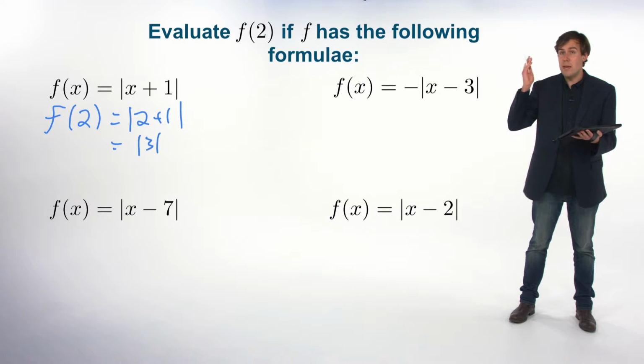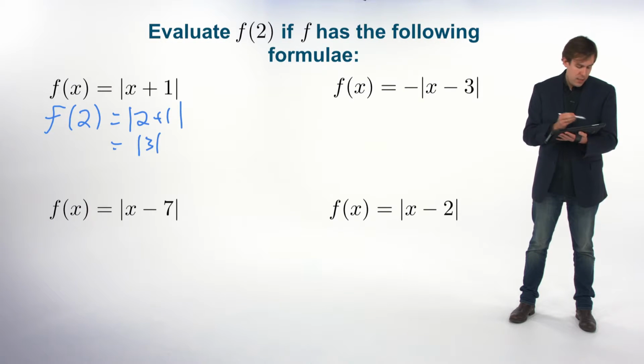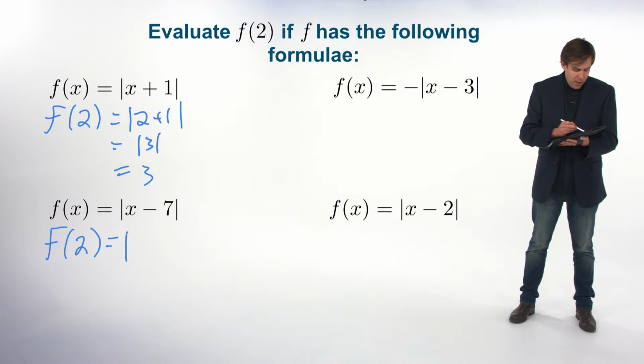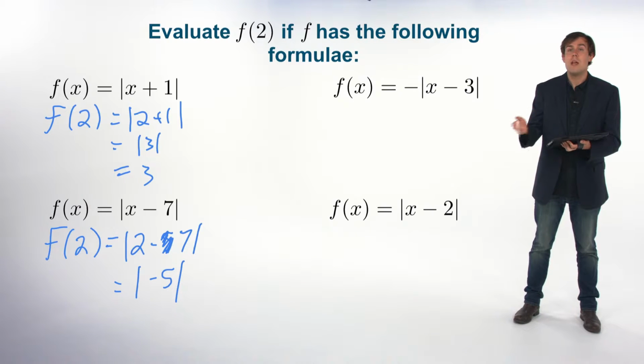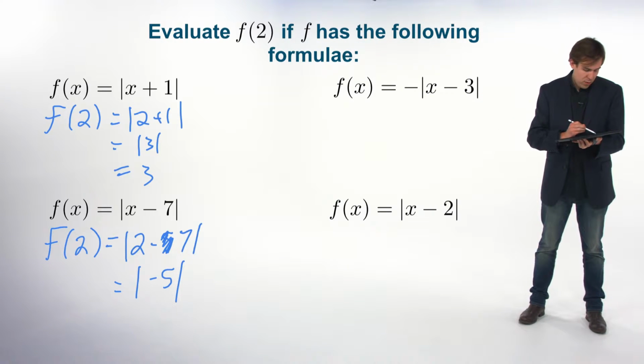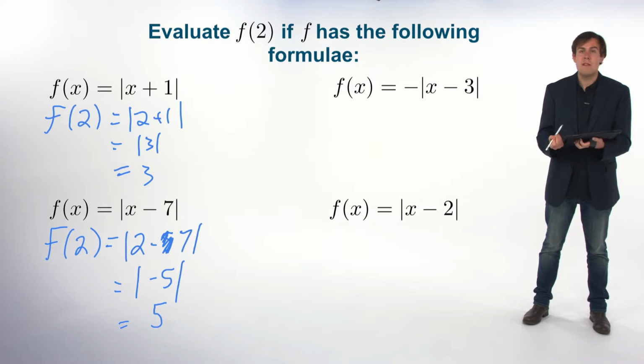Absolute value function keeps positive numbers the same, so I just output the number 3. In the next example, we compute f of 2, and we get absolute value of 2 minus 7, so the absolute value of minus 5. And we recall, what does the absolute value function do to negative numbers? It kills the negative sign. So this is equal to positive 5.